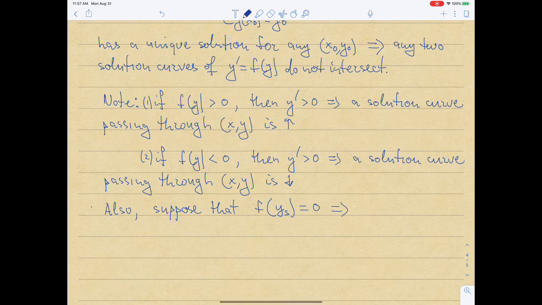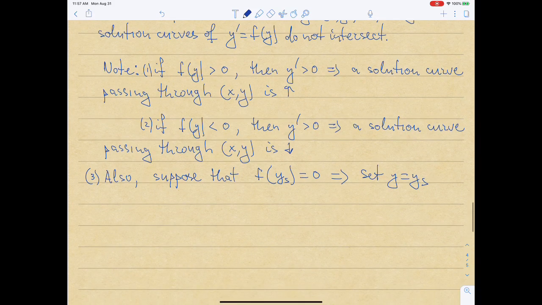Okay, so let's make this number free. If f of ys is equal to 0, then I'm going to set y equal to ys. y equal to ys is a constant function.